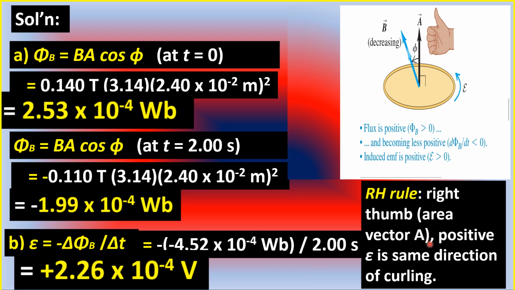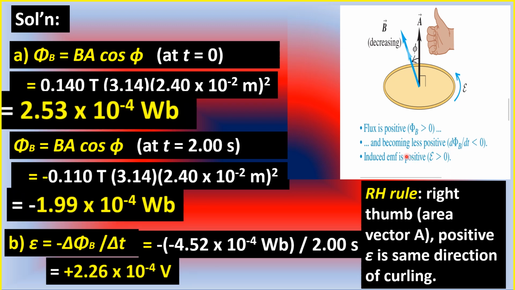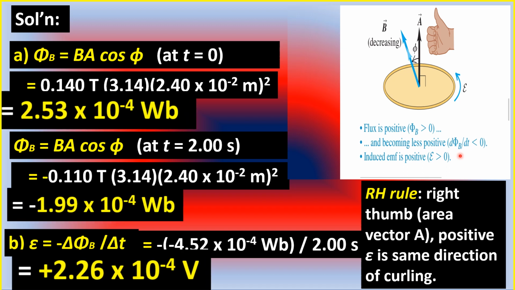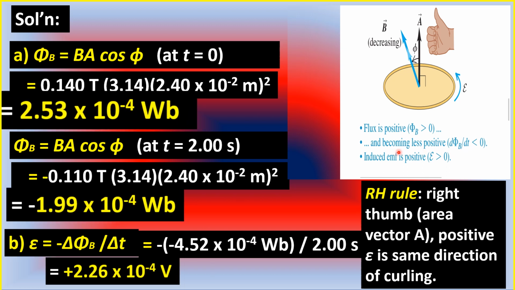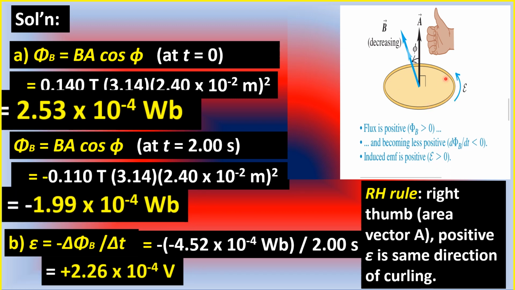Now, supposing, just in case, the change in the delta phi is positive. What happens here is that it is becoming less positive; in fact, it becomes negative. What if it is positive? That would simply mean that the direction of the EMF is opposite to the direction of the curling.